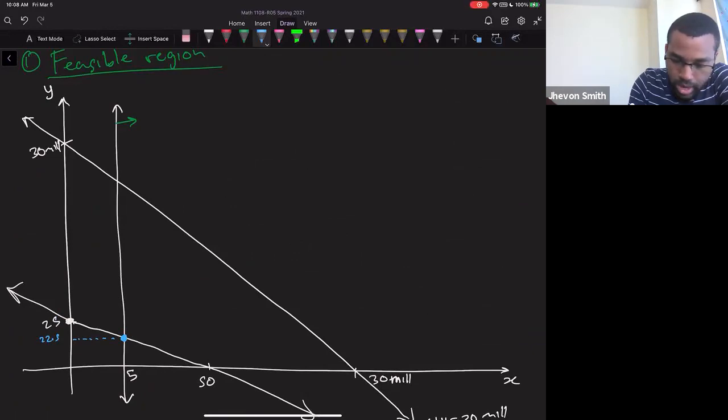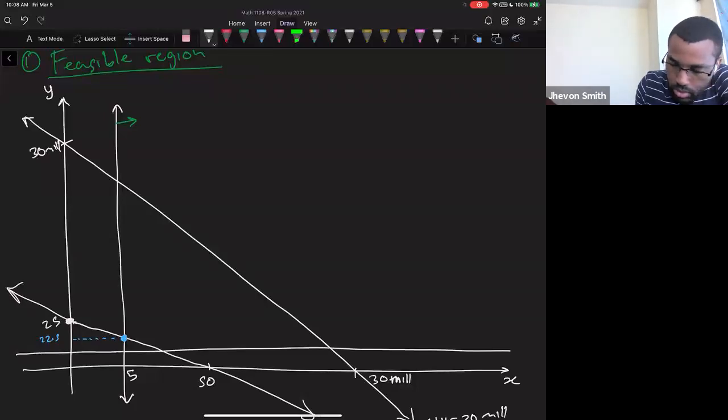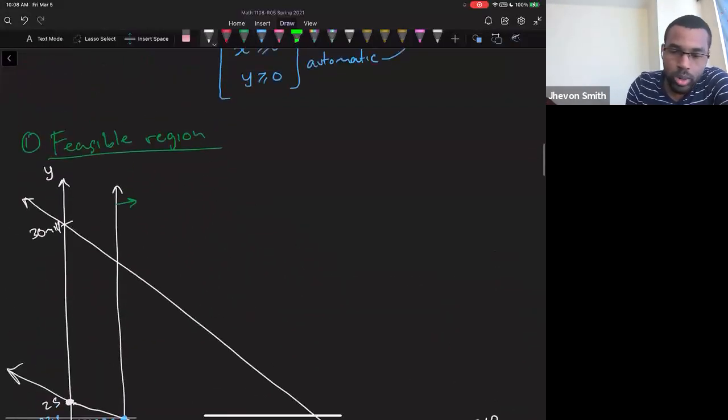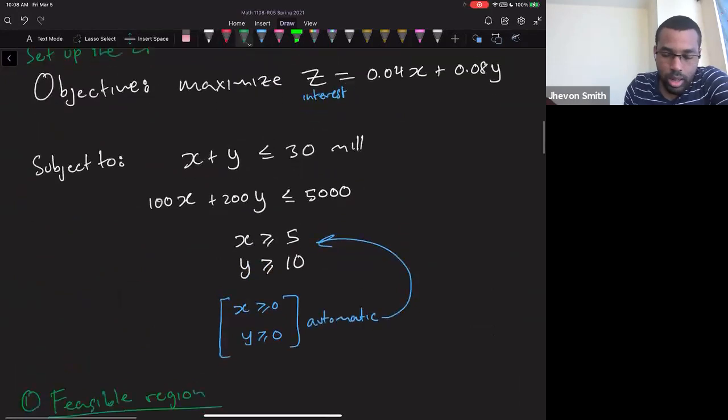So that's 22.5, which means the y equals 10 line will be below that. This is y equals 10. Okay, so we have that. Now, let's see, where do we want to be?